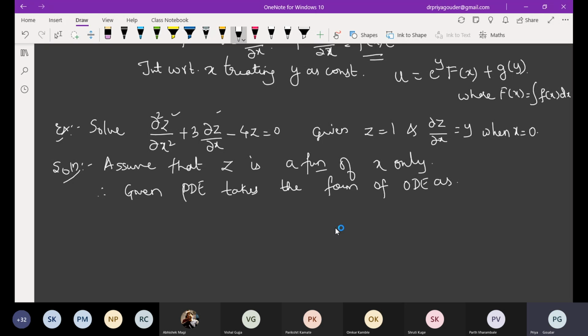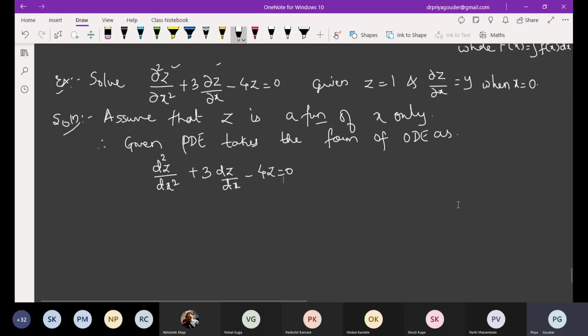Tell me the corresponding ordinary differential equation: d square z by dx square plus 3 dz by dx minus 4z equal to 0.